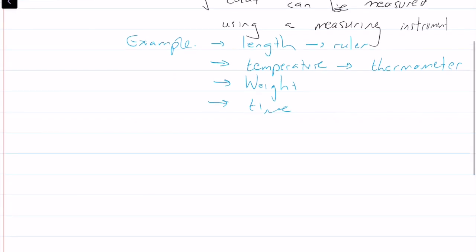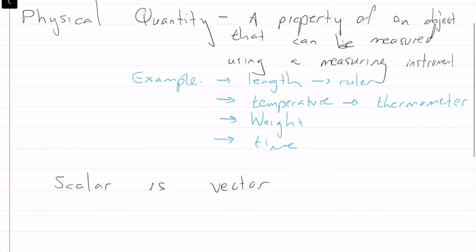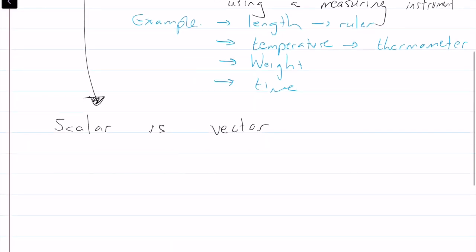Now what we need to know is the difference between a scalar versus a vector. There are two ways of describing physical quantities, either as a scalar or a vector. A scalar is a physical quantity with magnitude only.